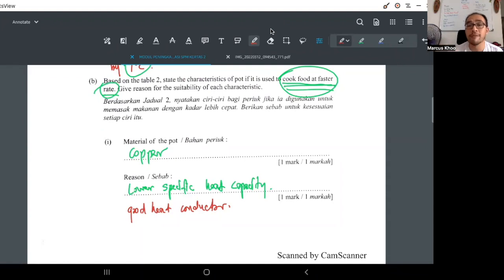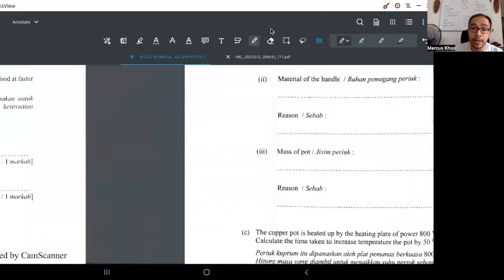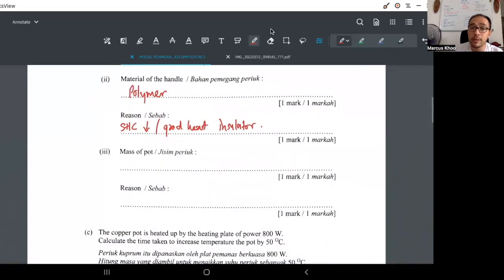I'm not saying that it's wrong, but I just say that better to use a physics related answer. So if you say good heat conductor, I will probably accept. Okay, likewise, polymer for the material of the handle, polymer or plastic, specific capacity is lower, it is a good heat insulator. Okay, the mass of the pot, this is very easy lah. Okay, smaller mass of the pot.